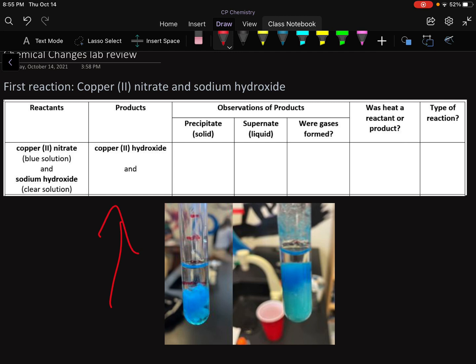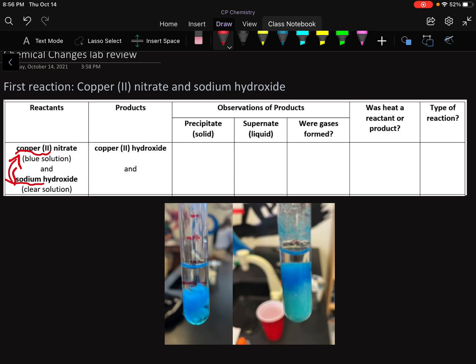Okay, and you are supposed to predict the other product here. So when you're doing that, like I told most of the classes, you're taking the cation of each of the reactants and you're swapping places.